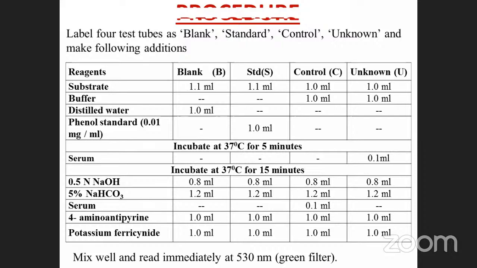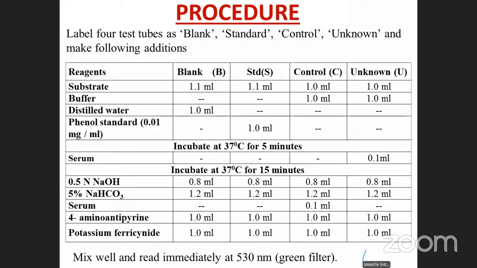Then incubate at 37 degrees centigrade for 5 minutes. And then add 0.1 ml serum solution in only the unknown tube, because this enzyme is active in that unknown tube only. This enzyme will convert disodium phenol phosphate to phosphoric acid and phenol.